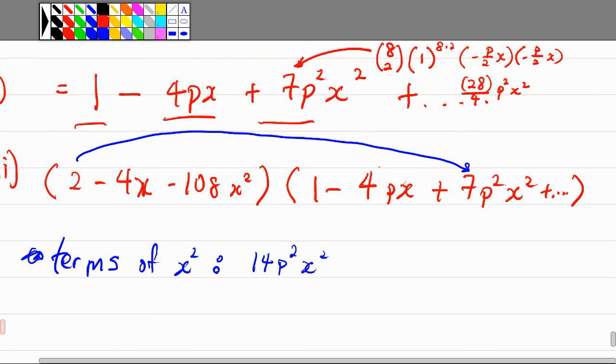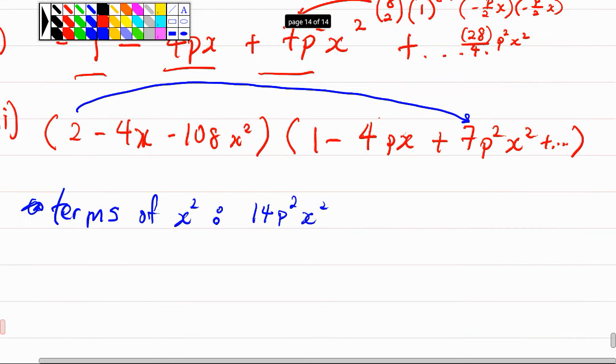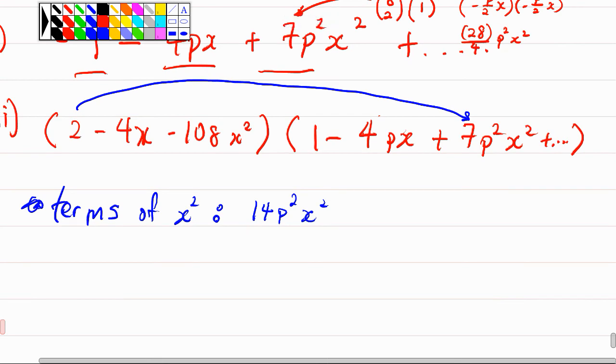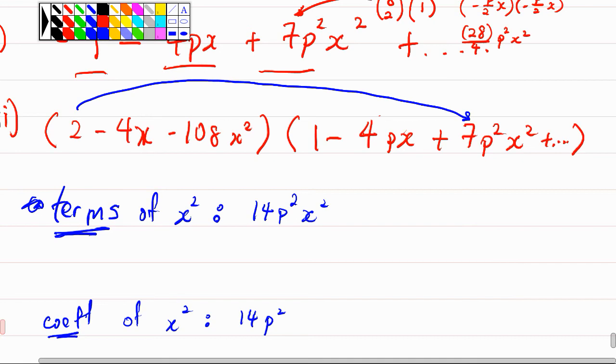Can you follow? If I write the coefficient of x squared, then this will be 14p squared. There's no x squared. It depends on what word you use: terms or coefficient. Or 108 x squared.